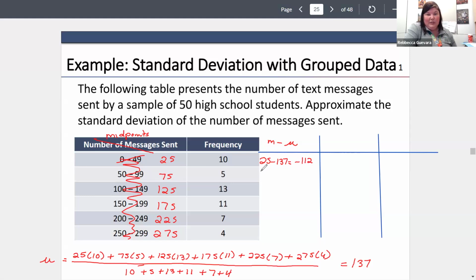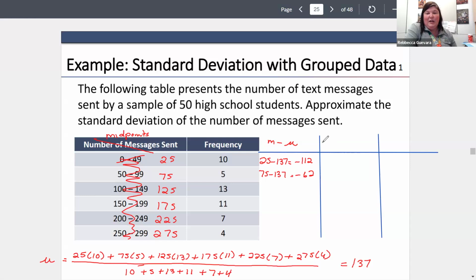Then we do the next point, 75 minus that mean of 137, and that would be negative 62.